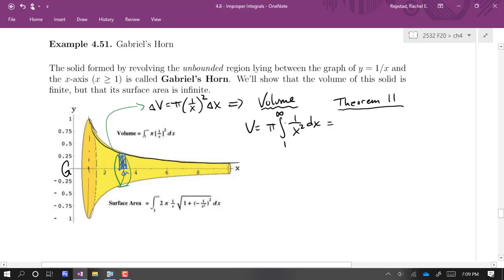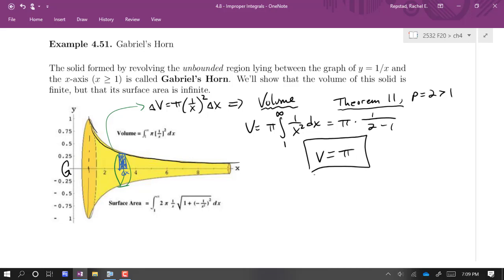Theorem 11 says that this is going to converge because p is equal to 2, which is greater than 1, and this converges to pi times 1 over 2 minus 1, which is equal to pi times 1, or just pi. So it has finite volume. This figure that has infinite length actually has a finite volume.